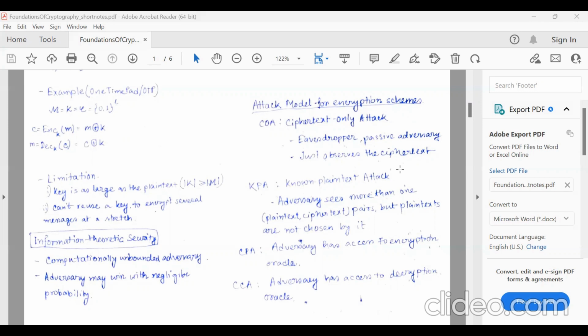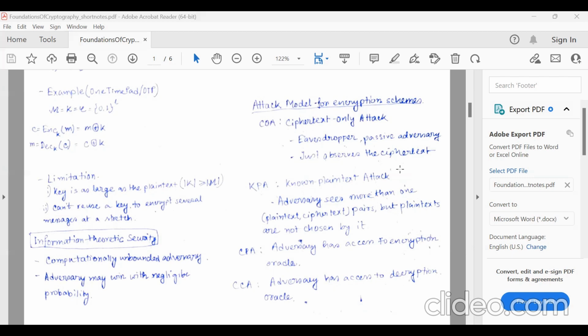And there is one restriction on using the decryption oracle, that is, after the adversary sees the challenge ciphertext. So if you remember the game of semantic security, right? There, the adversary provides the challenger with two messages M0, M1, and in response, the challenger gives back to the adversary the encryption of one of them, either M0 or M1, and the adversary's job is to distinguish the encryption of M0 from the encryption of M1.